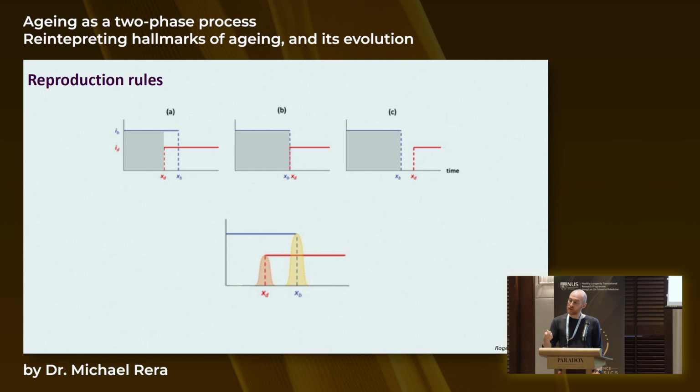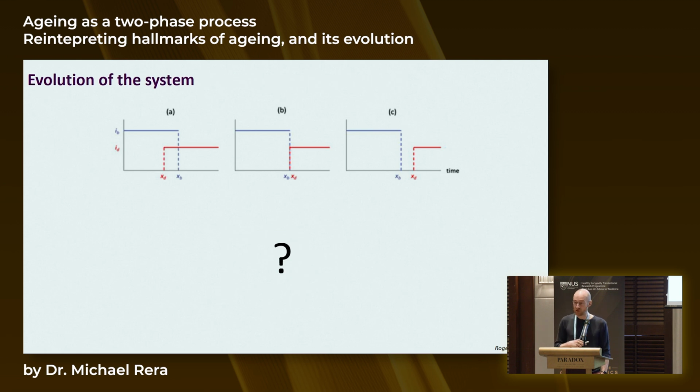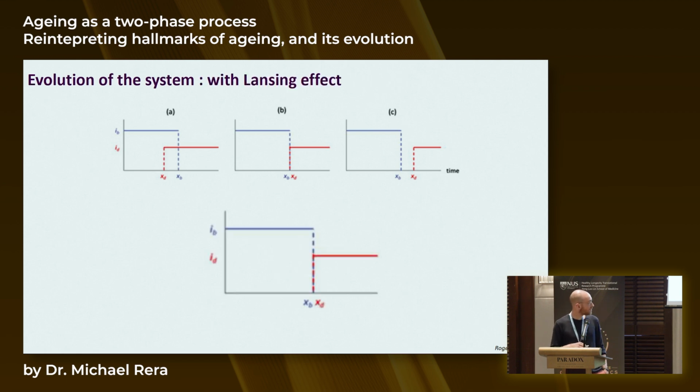But to add some constraints between the 2 genes, we decided that reproducing between these 2 values here would be an equivalent of the Lansing effect, and the progeny would have a strong decrease of their life expectancy. Doing this allowed us to show that such a model was actually evolving towards maximization of the fertility time, with individuals dying as soon as they're done being fertile.